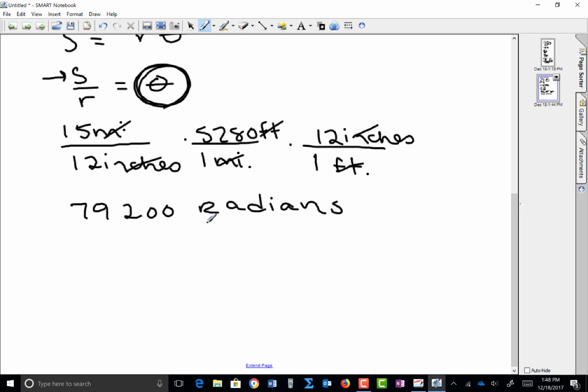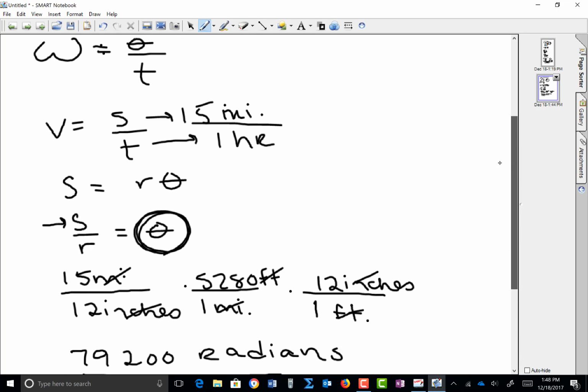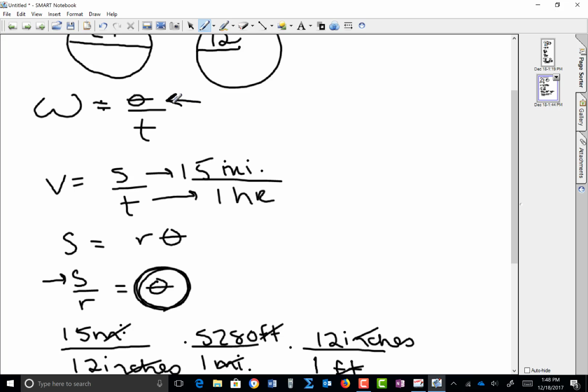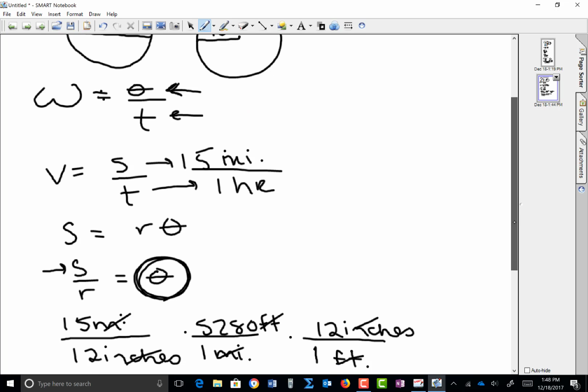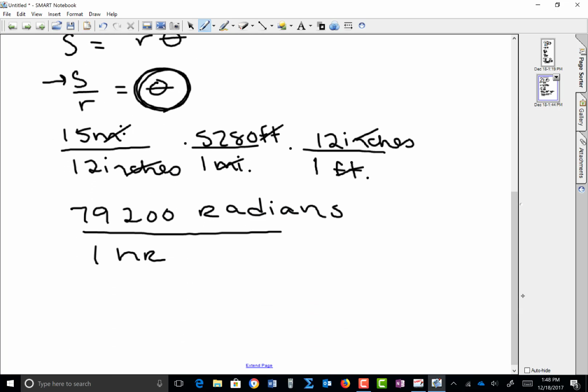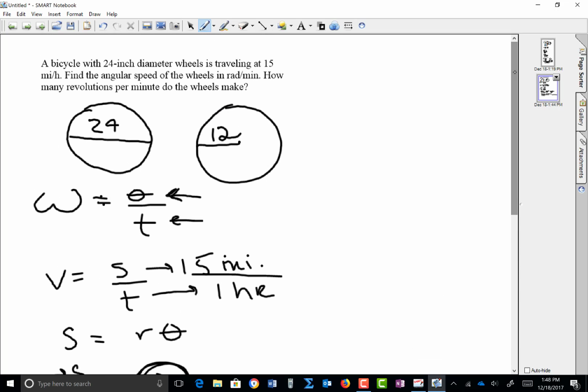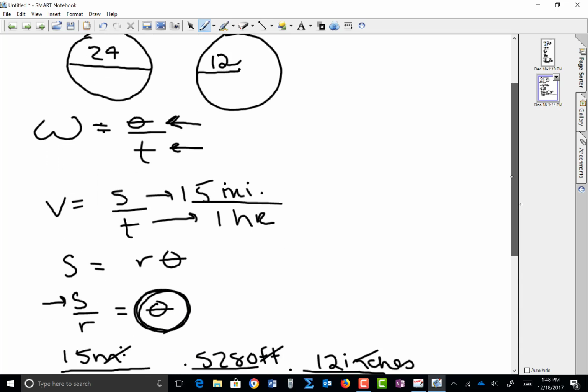And the time of this is 1 hour. Remember that when we're looking for angular velocity, if we have radians over time, we have angular velocity. So we actually have the angular velocity, and we want that in radians per minute.